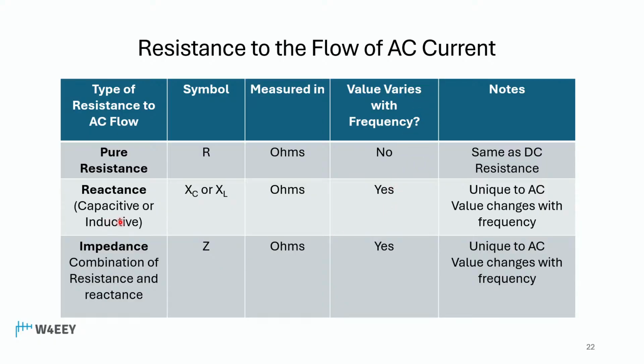And because impedance is a combination of resistance and reactance, that value will also vary as the frequency changes. So these two are unique to AC, with values changing with frequency. Pure resistance is the same for AC or DC. So this chart kind of helped tie some of these things together for me, and others have found it useful.